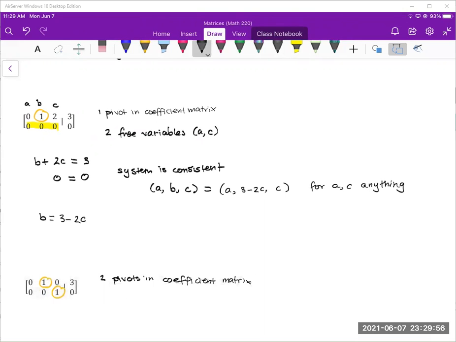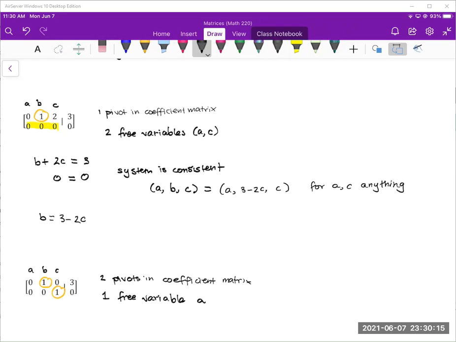We look at how many free variables we have. Notice we've got one free variable, so there's a column that doesn't contain a pivot. In this case, our free variable is A.